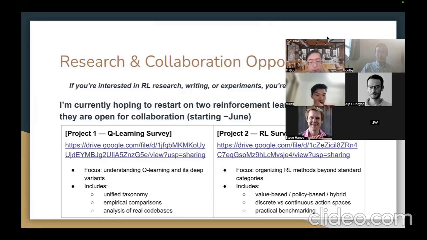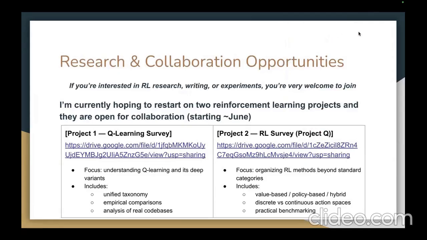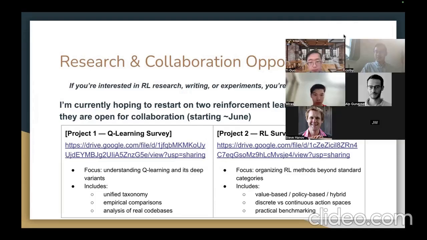So any other questions on these two projects? Okay, if no question, then... sorry, one question. In order to collaborate, how do we collaborate? Is it like we meet every week? Yeah, we're probably going to be meeting every week after the project starts.